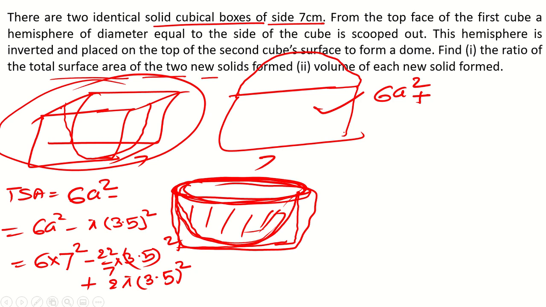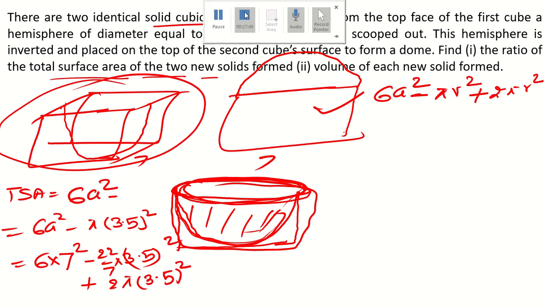So you will subtract the area of the circle, pi r square, and you will have to add the curved surface area, so it will be 2 pi r square, where the radius is 7 by 2 and a is 7. Okay, so like this you can complete this question.